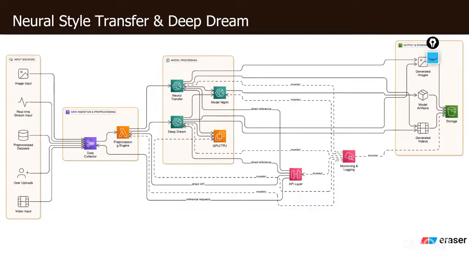After we select all this model processing data, we form our API layer and the monitoring and logging layer. Once both are finalized, we see the generated images or videos in the output and storage section, where they will all be stored.